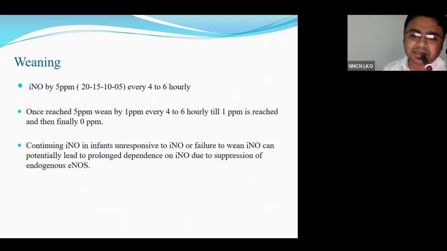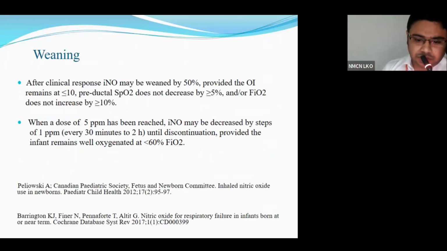This is one of the strategies of weaning iNO, like from 20 parts per million to 15, 10, 5. And once you come down to 5, every 4 to 6 hours you reduce by 1 ppm until you reach 1. And then from 1, you can discontinue the nitric oxide. This is the recent weaning approach published by Souvik Mitra from Canada.